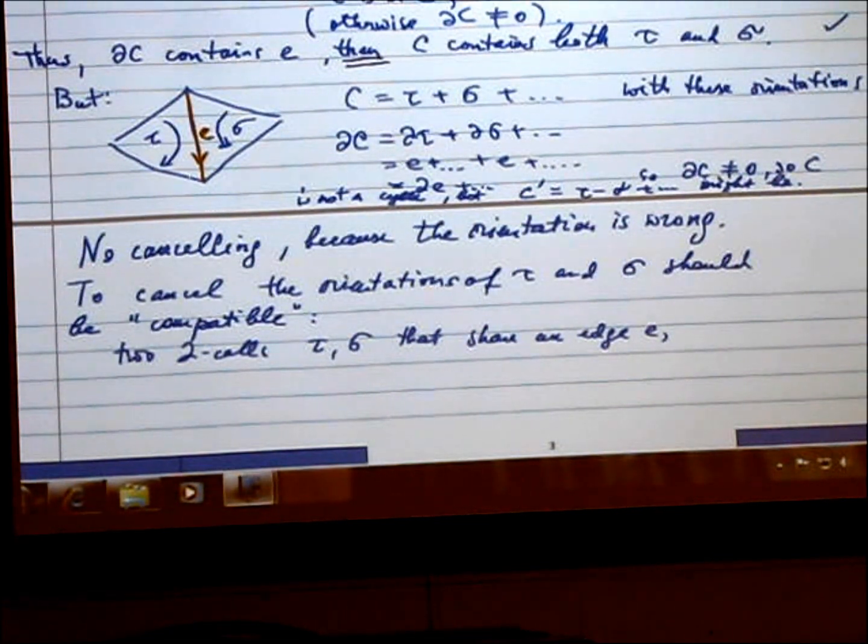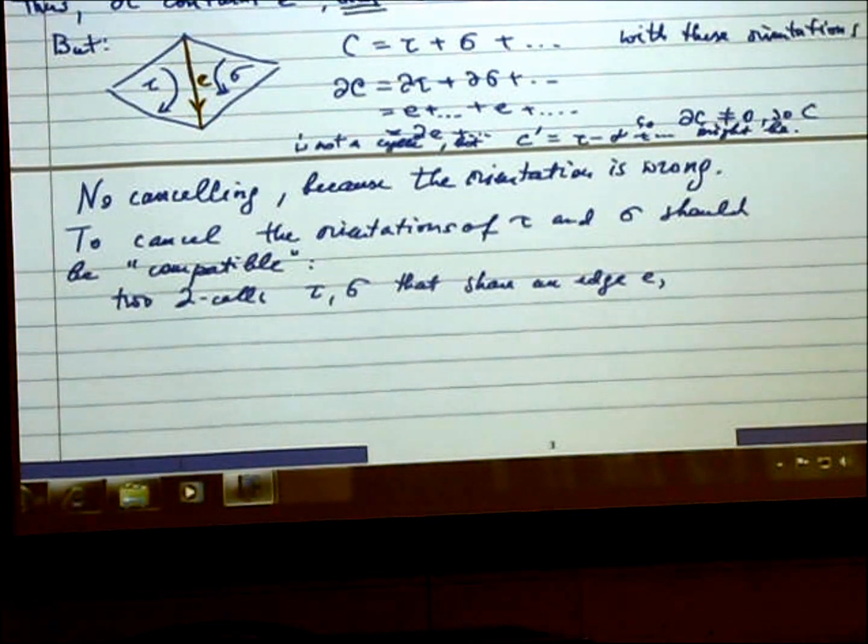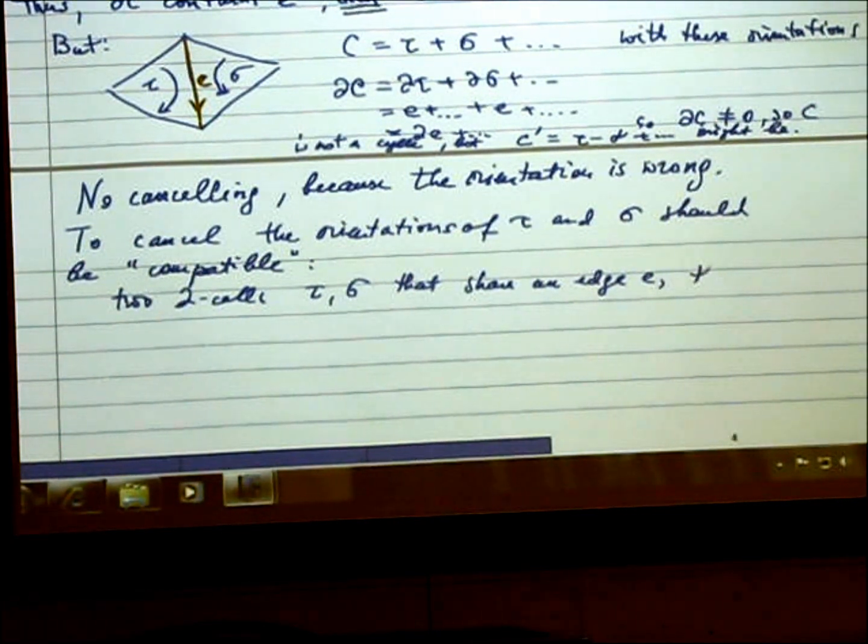Okay, let's continue with this one. To cancel, orientations should be compatible. So we have two cells, tau and sigma, that share an edge. Then suppose there is a good orientation for tau and sigma. So we assume that orientations everywhere for all cells are already compatible.